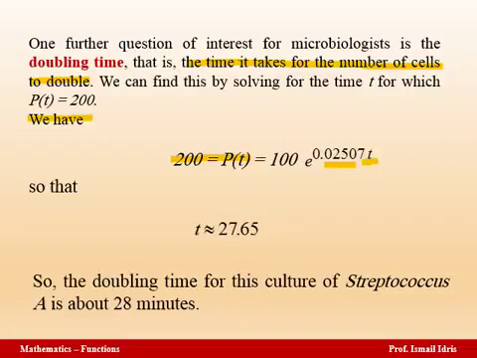Take ln of both sides, and approximately you will get t equals 27.65. This is in minutes. So that means the doubling time for this culture of bacteria is about 28 minutes. So that means every 28 minutes, the number of cells present in this culture of bacteria will be doubled.